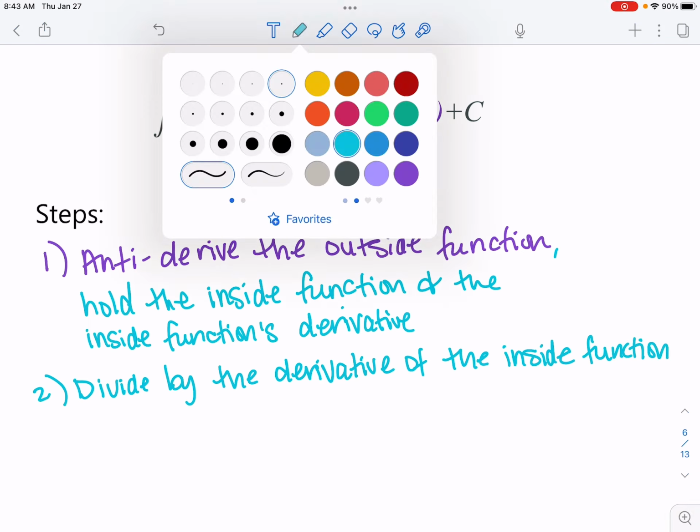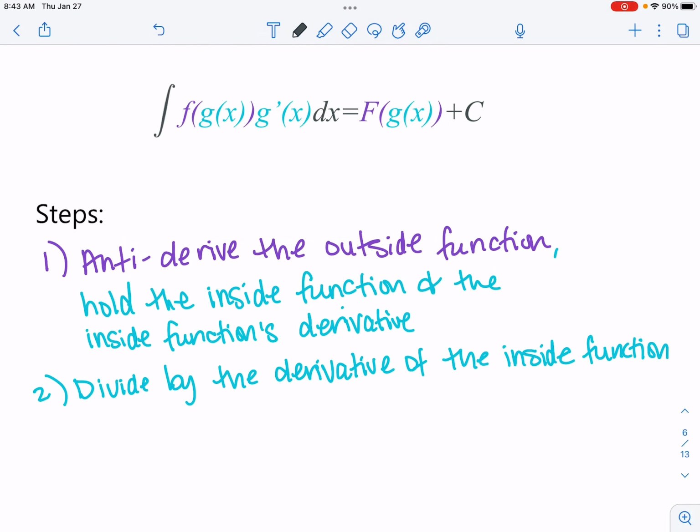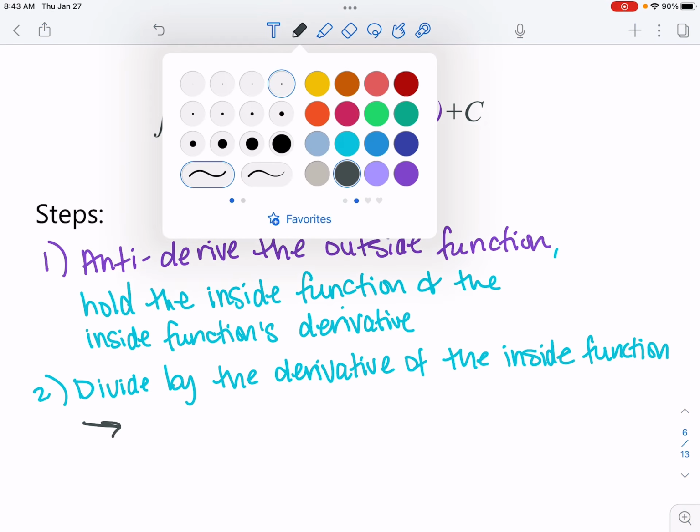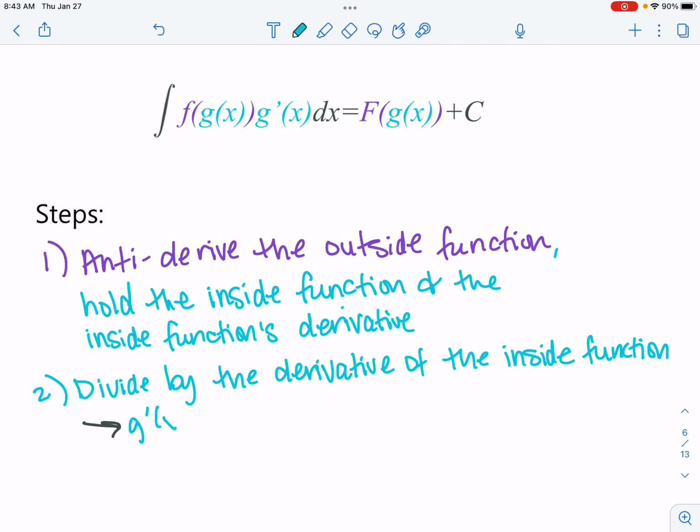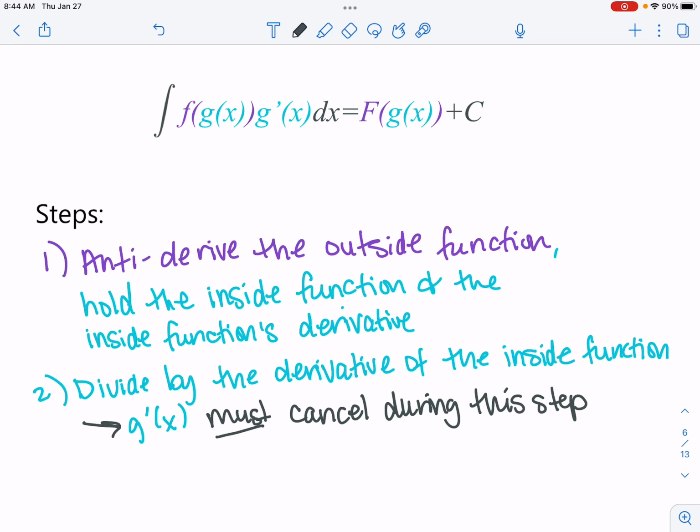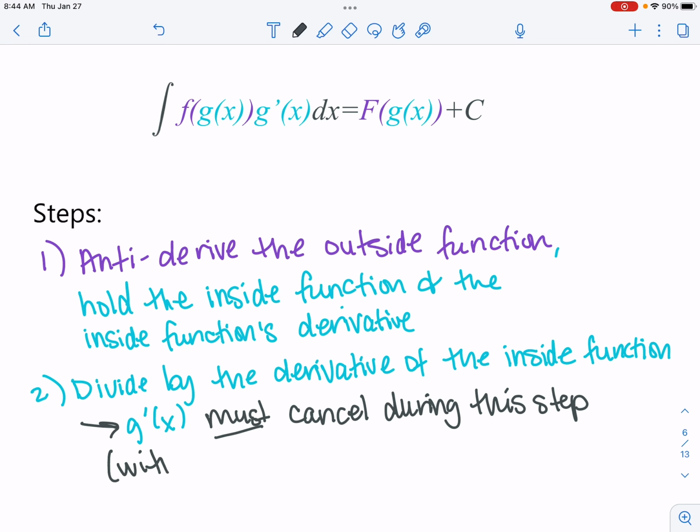Now, little caveat here. G prime, the derivative of the inside function, must cancel at this point. With the exception of a coefficient, and we'll talk more about that in the next lesson.